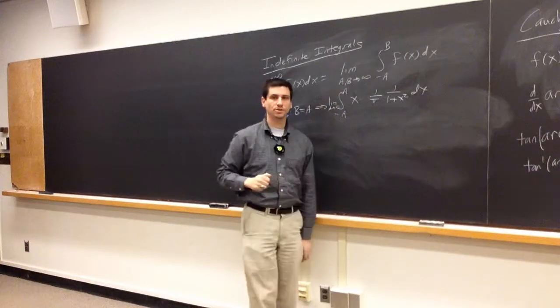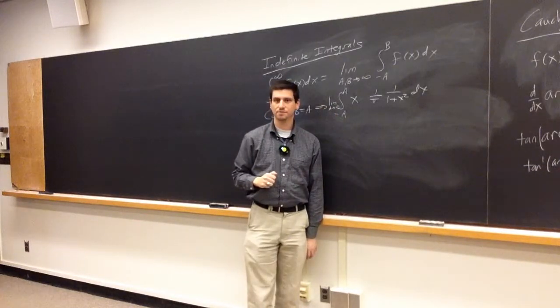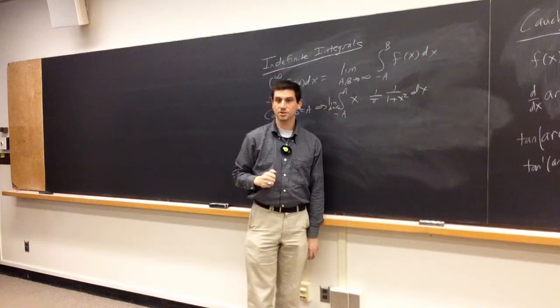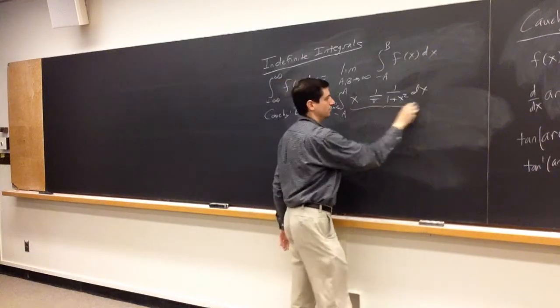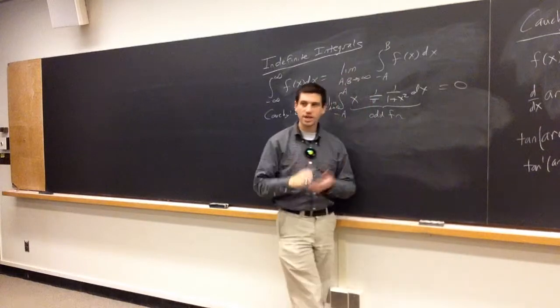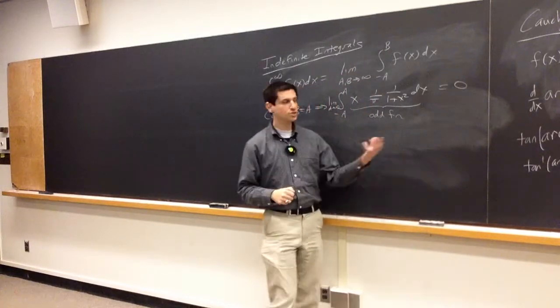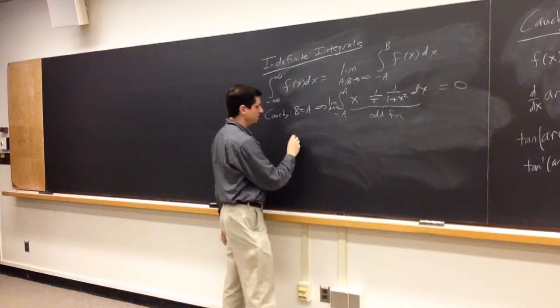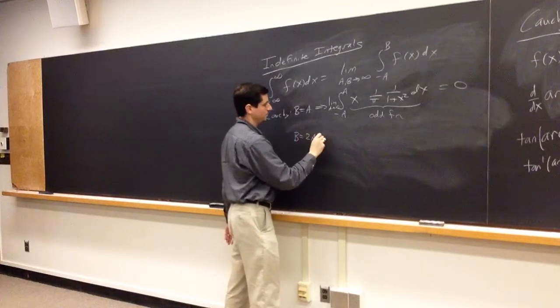What will that integral equal? It's going to be 0. This is an odd function. OK, the Cauchy has mean 0. Well, let's try another path. Let's try b equals 2a.